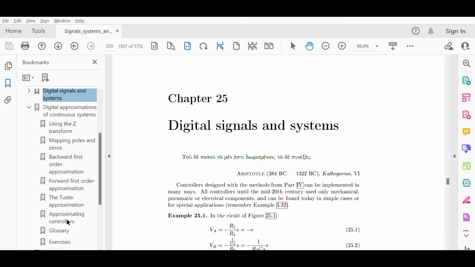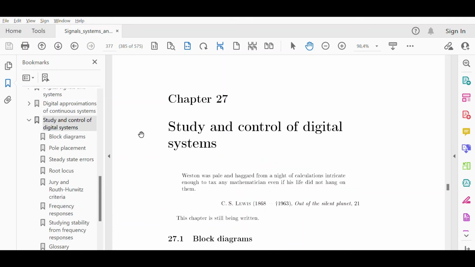You need not know anything about approximations of controllers, since this is not a course on control. Finally, from chapter 27, you need to know about block diagrams of digital signals and systems, pole placement, and then frequency responses. These are the 3 sections that you need to know.